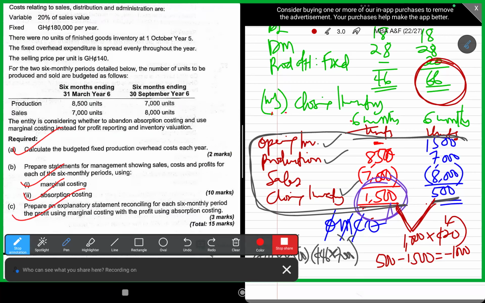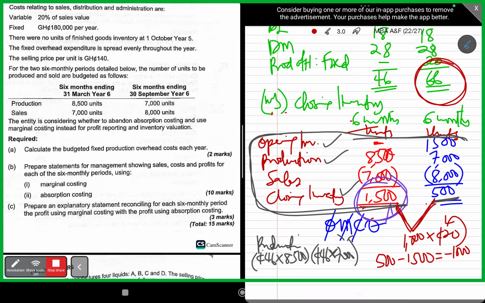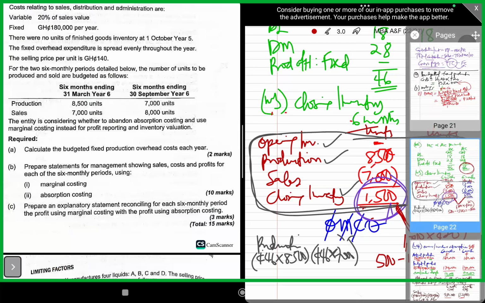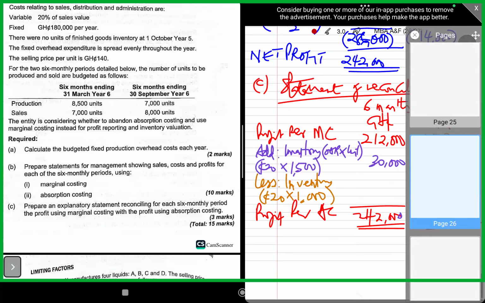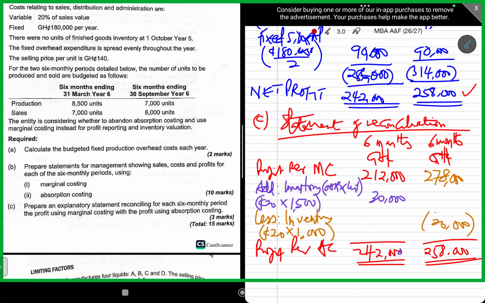Please, I have a question. With the reconciliation, does it mean that you must always match the marginal costing to the absorption costing? From the requirement, it says prepare an explanatory statement reconciling for each 6 monthly period the profit using marginal costing. That is the first one, with the profit using absorption costing.